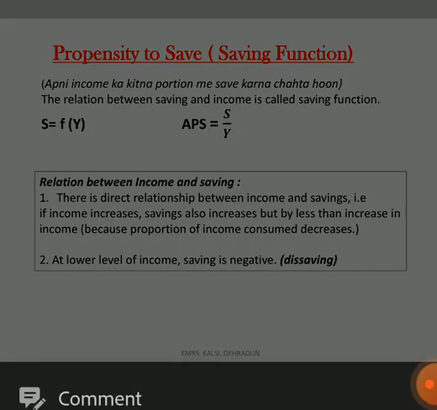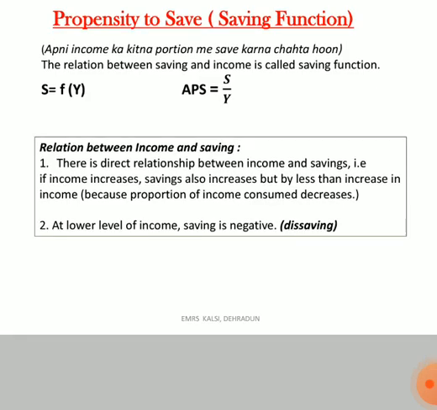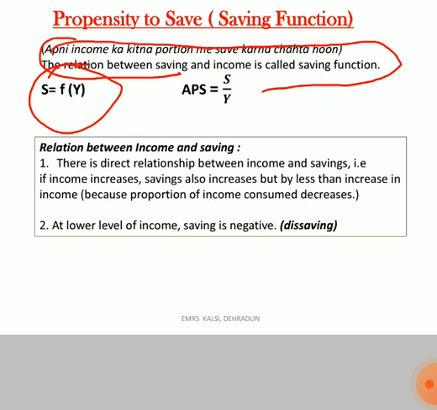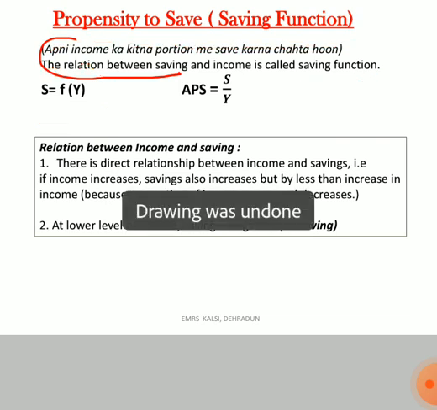It is the definition here. If it comes, you can write it in 1 mark, and the symbol here is S equals function of Y. It means how much money I am willing to save out of my income, or what part of my income I am willing to save.